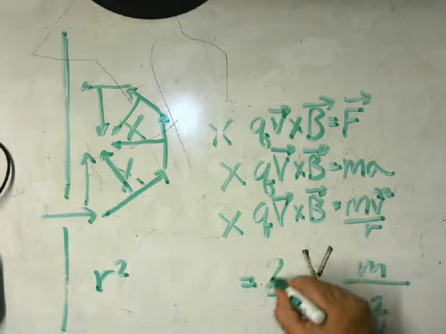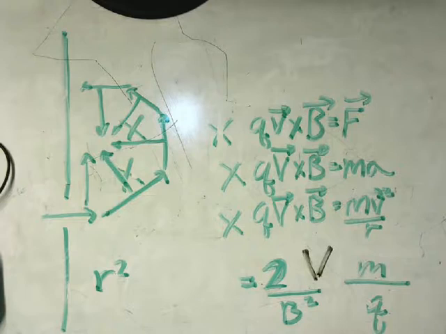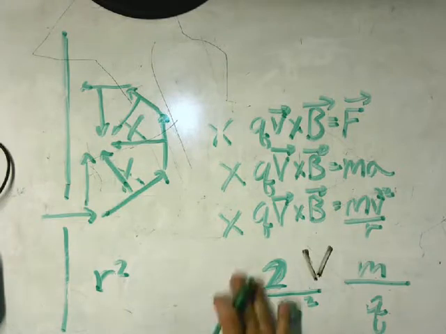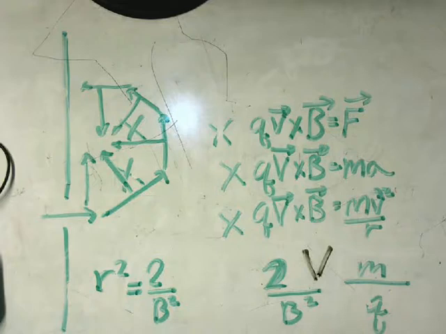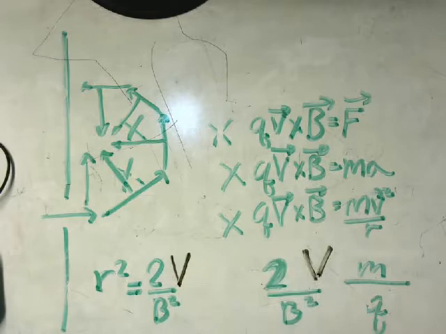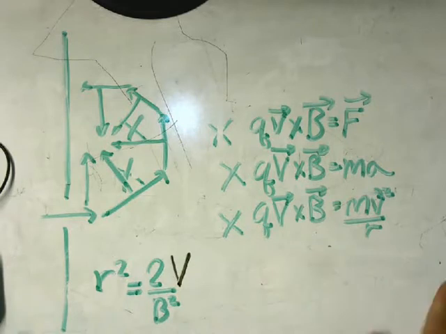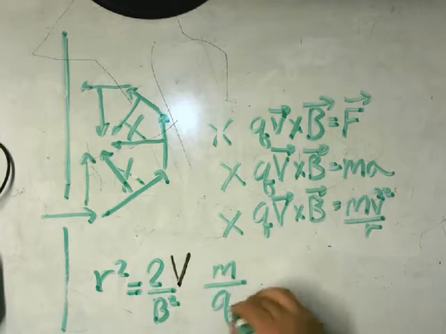And I'm left with r squared is equal to 2 over b squared times V times what we call the mass to charge ratio, m over q. Okay? That's the end result of the mass spec.